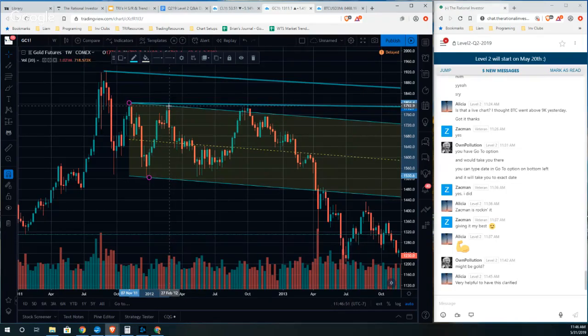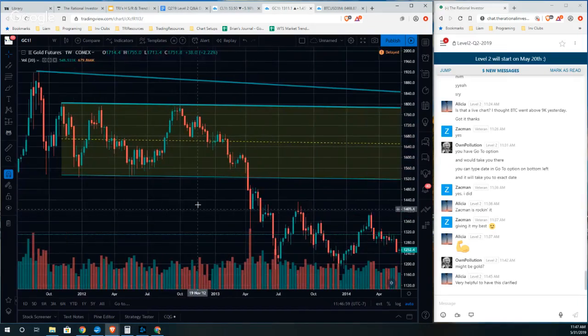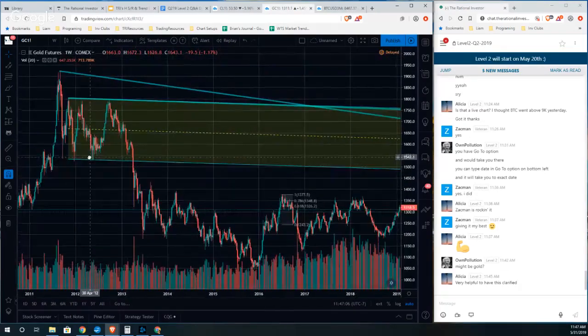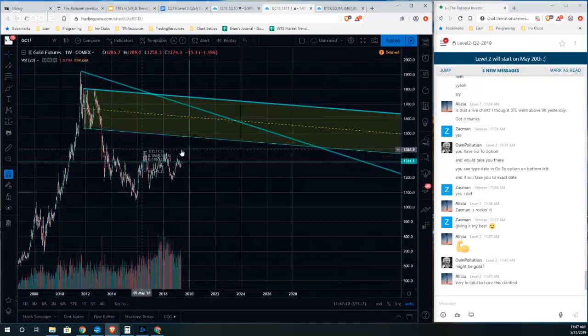This is an interesting example that I use because it could be open to various different forms of interpretation. But me personally, I think that the trend channel specifically is that. And it'd be interesting to see how this plays out over time.